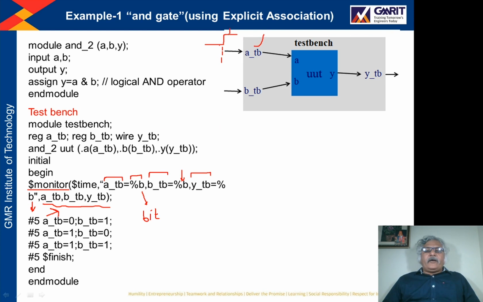In this case it is 1. And what is the value of b underscore tv, and of y underscore tv? All these will be displayed at the current simulation time. So $time will indicate the current simulation time, and $monitor will print the values whenever there is a change in the variables a underscore tv, b underscore tv, and y underscore tv.